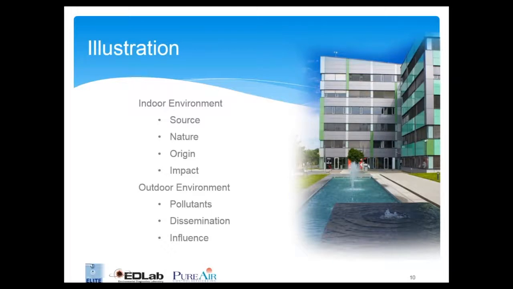The indoor factor is when the problem or the contaminant is indigenously generated; their nature and their origin and their impact all need to be weighed in when we are trying to study the indoor environment or indoor air. We will be talking a little bit more in the next part of the webinar. Outside environment, various pollutants due to the automobile, other human activity, their dissemination and their influence.